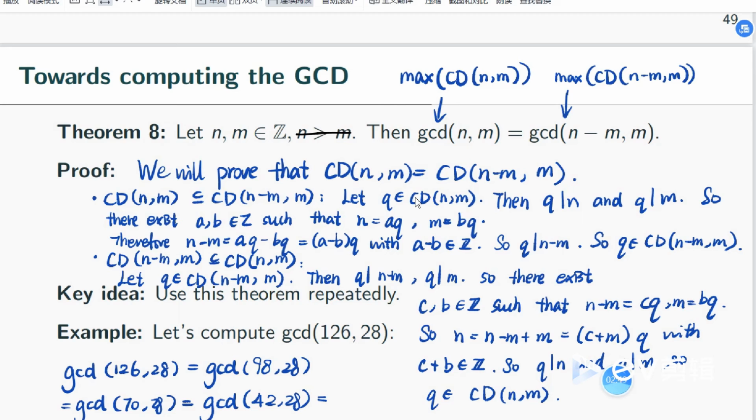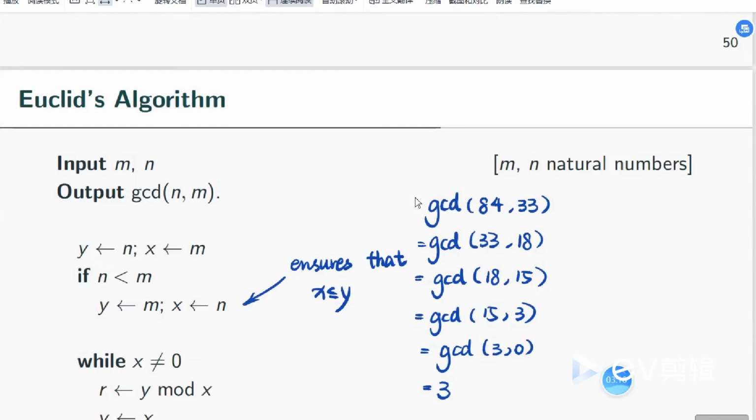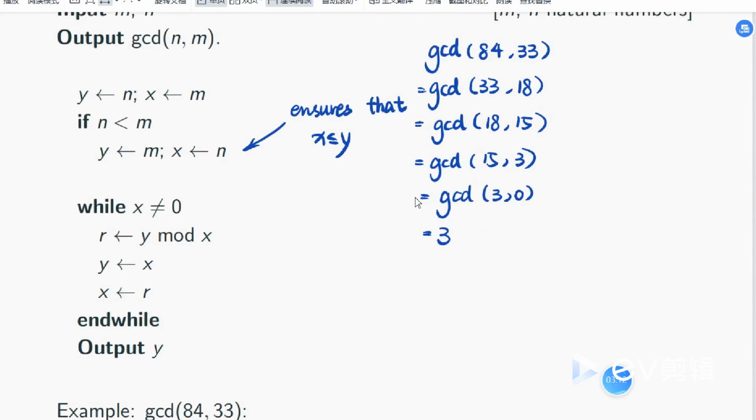I have already listed the proof here, and we have to prove it in both directions for this equation to hold. It is mainly an algebraic proof, so for today I will just skip it, and let's jump into the Euclid algorithm.